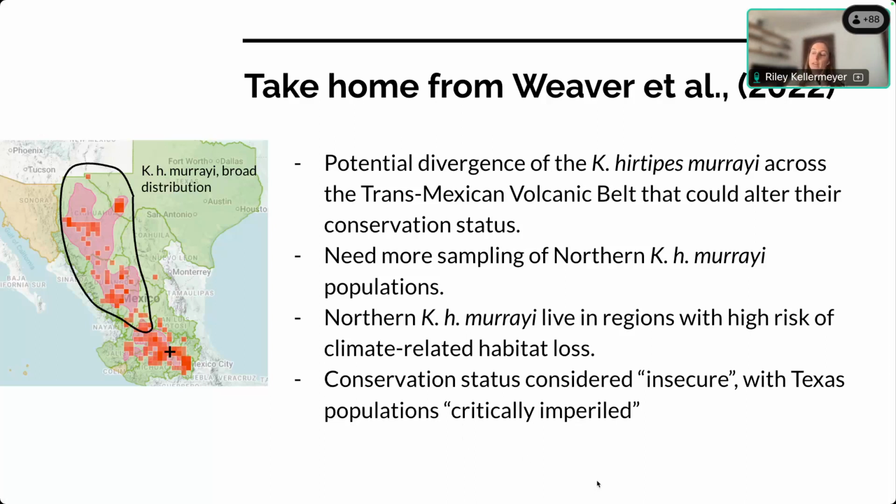They also identified that these northern turtles live in regions that are pretty high risk for climate-related habitat loss. So they mapped out projected habitat health over the next 40 years or so, and found that many scenarios would be quite poor outcomes for these turtles in northern Mexico and southern Texas.